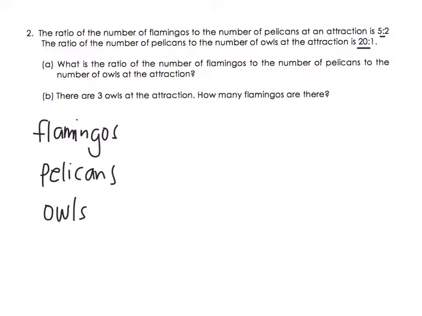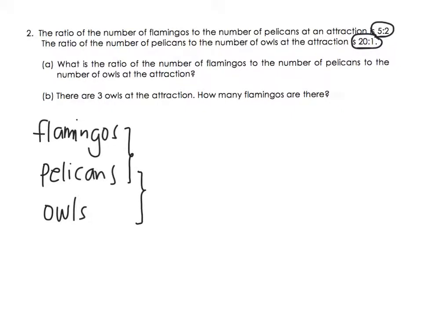The key here is to find a common value for parts between the items we're counting between the 2 ratios that you see. And if you read carefully, 5:2 talks about flamingos and pelicans, but 20:1 talks about pelicans and owls.